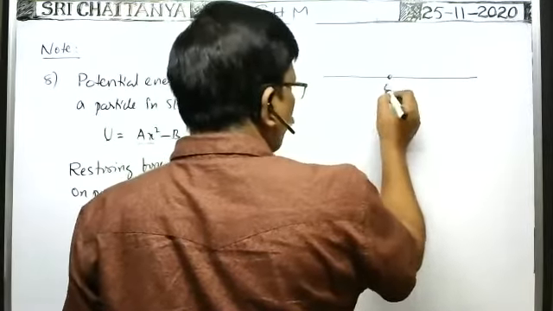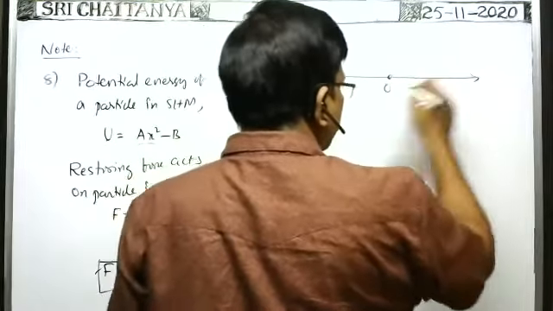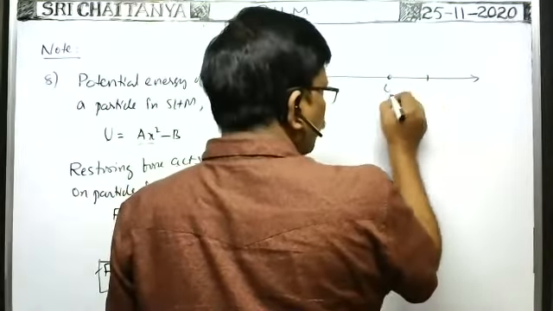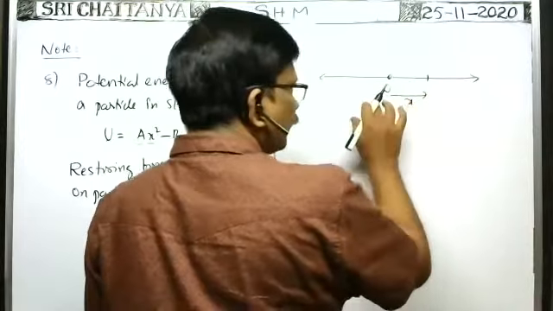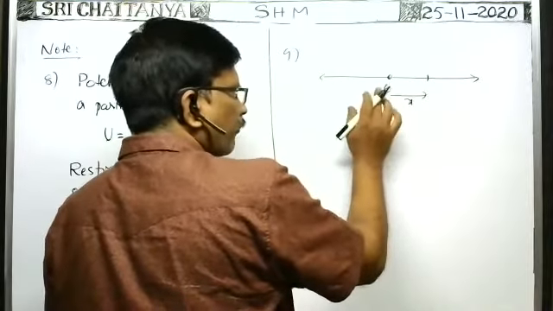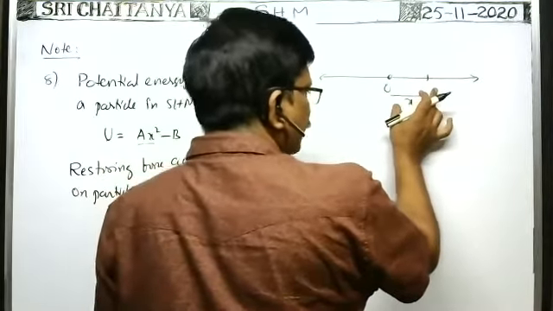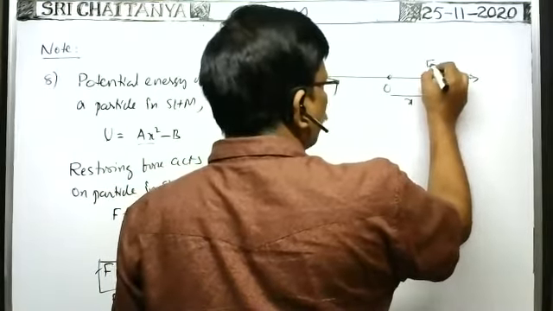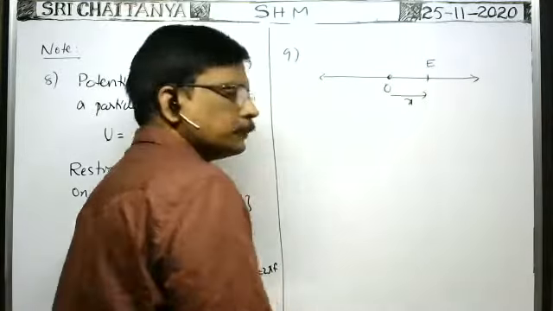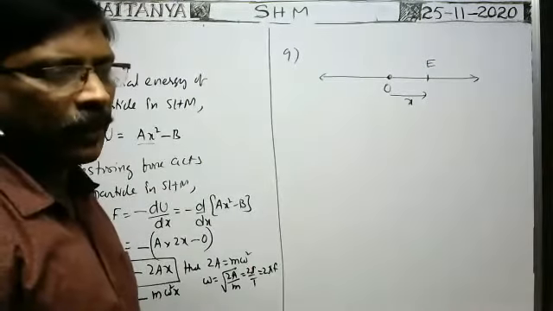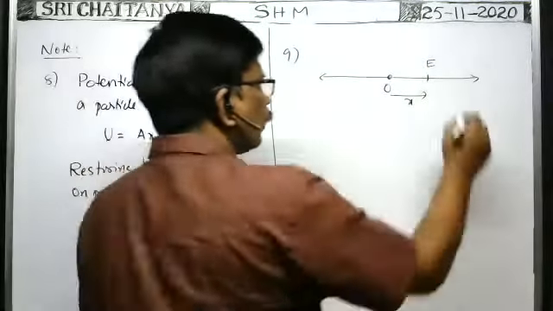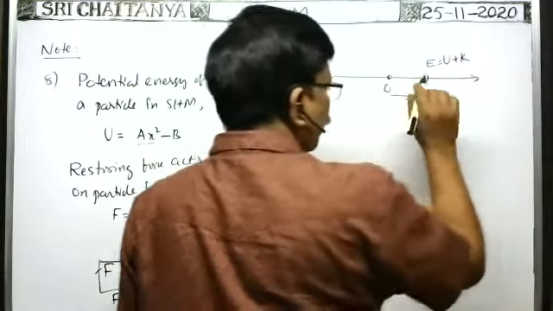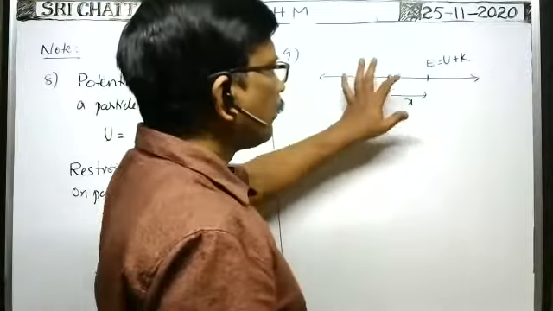About the mean position O, when the particle makes oscillations, at a certain position at a distance x, when the particle displaces through a distance x, at that time the total energy of the particle is, say, E. Total energy of the particle is E, which is equal to potential energy at this point plus kinetic energy at this point.